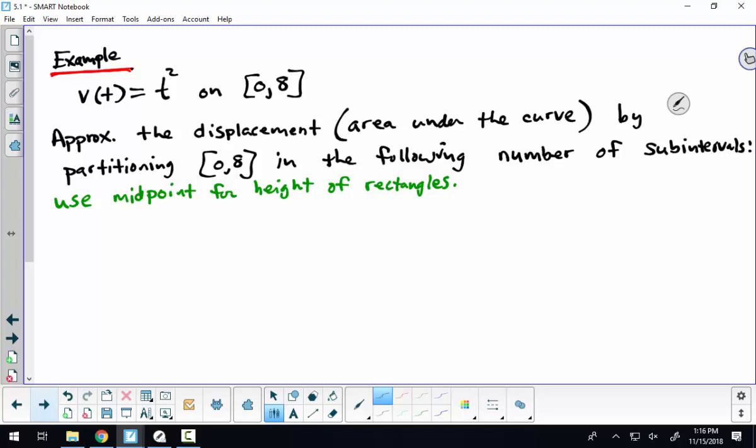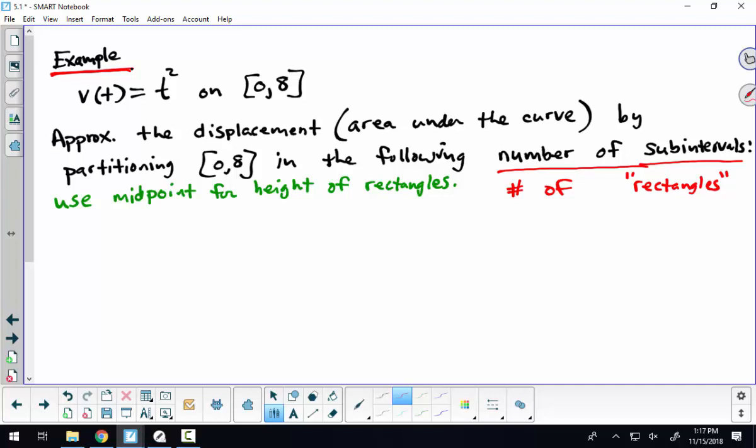So our example is we're going to use that idea to compute the displacement on the velocity function t squared from 0 to 8. We're going to approximate the displacement by partitioning the interval 0, 8 into a certain number of subintervals, or a certain number of rectangles. You can think of the number of subintervals as the number of rectangles.